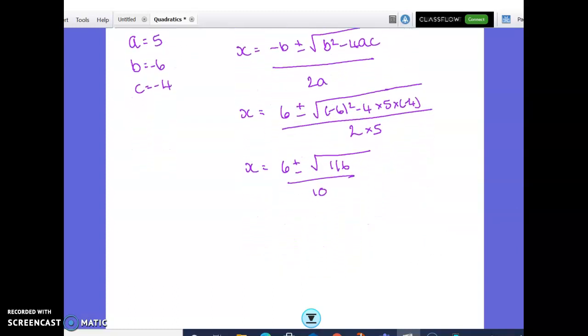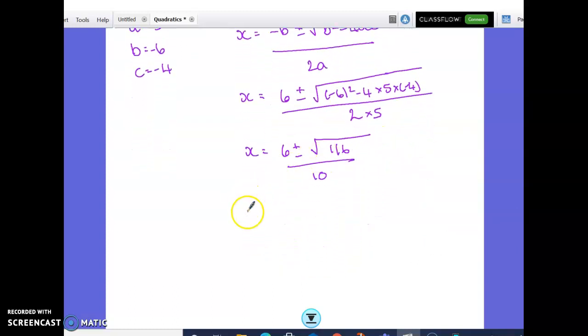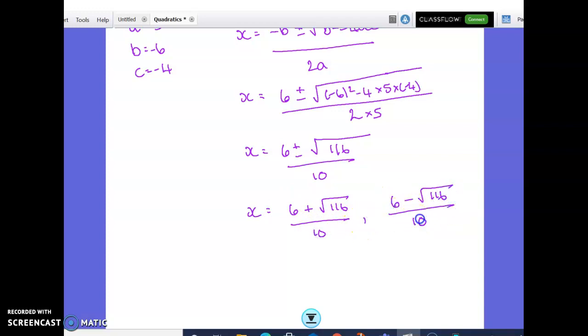Separating out then, x is 6 plus root 116 over 10 and 6 minus root 116 over 10. Calculator going.